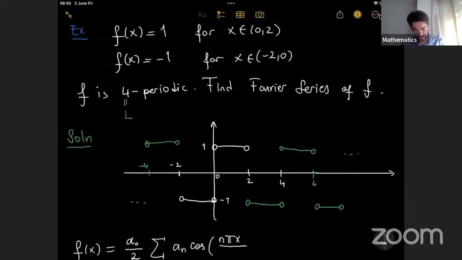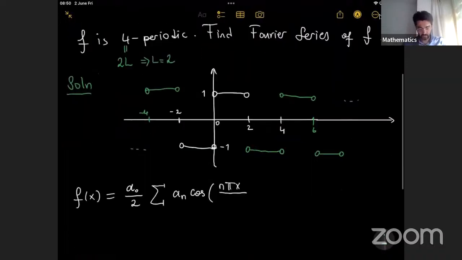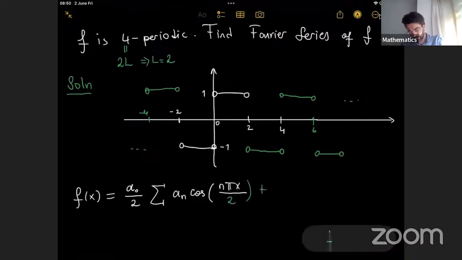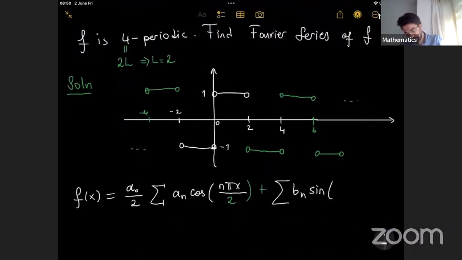Well, this is 2L, sorry. This is 2L periodic. So L is equal to 2 here. So you will divide this by 2, plus the sum of bn sine n pi x over 2. And n is from 1 to infinity, and similarly here, 1 to infinity. And we will find those coefficients here.